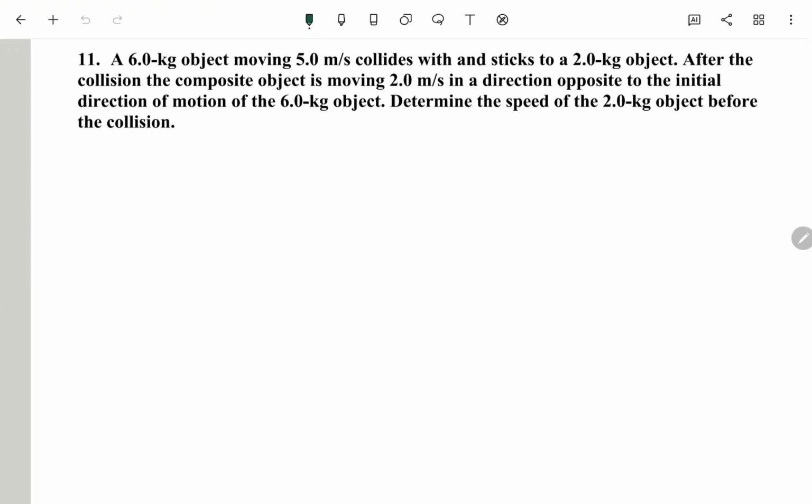Since the objects stick together, in this case it's an inelastic collision, so only the momentum is conserved. So P initial equals P final. Now P initial is M1 V1 initial plus M2 V2 initial equals M1 plus M2, again they stick together, times V final.